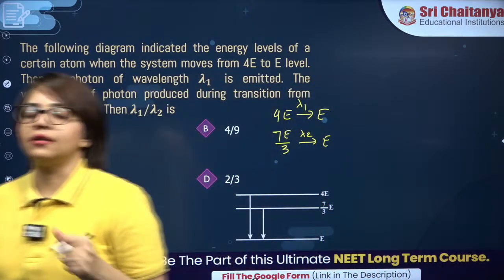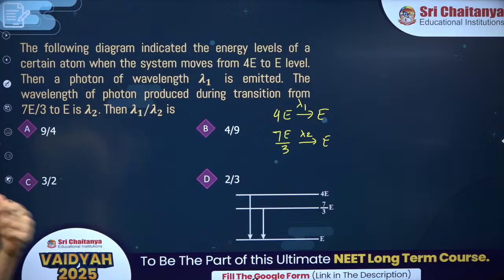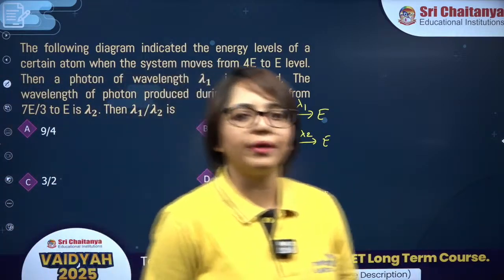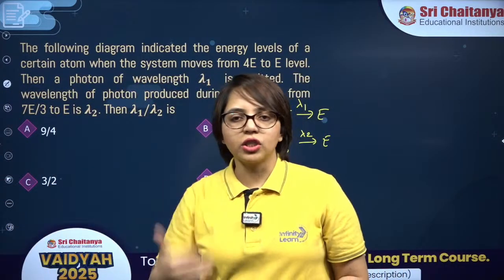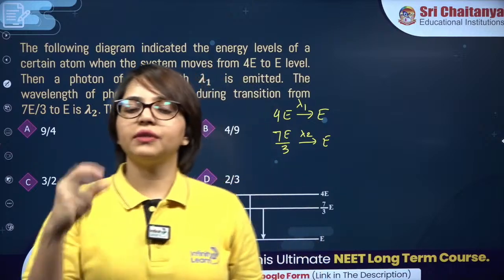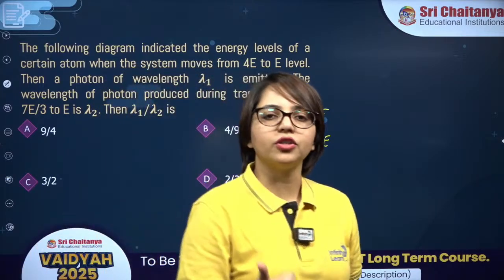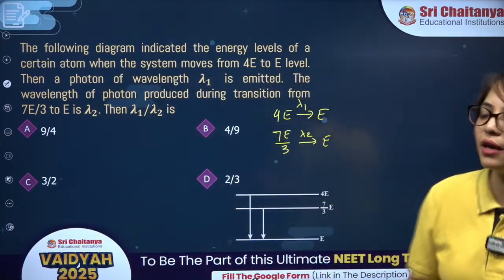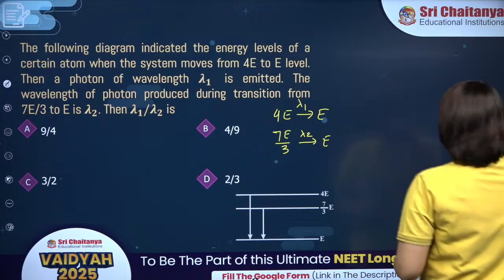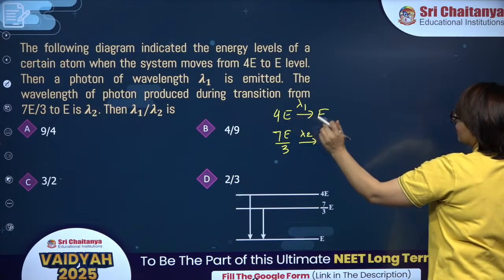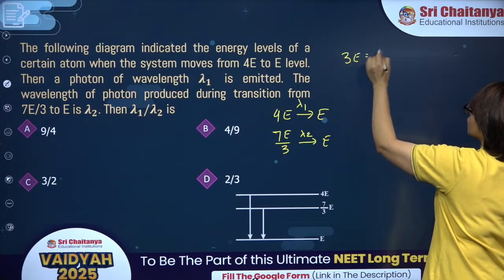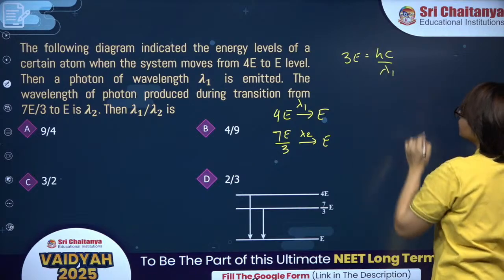So delta E, the difference in the energy levels, should be hc divided by lambda, right? Whatever energy difference is there will appear in the form of energy of the photon, which is hc divided by lambda. In the first case, the energy difference is 4E minus E, 3E, and it should be hc divided by lambda 1.